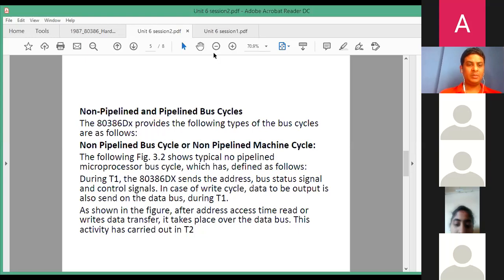So first we need to calculate the address. When the address is calculated, it is placed on the bus, and the data fetching is done after the address calculation is done. In that situation, we are using a non-pipeline bus cycle.